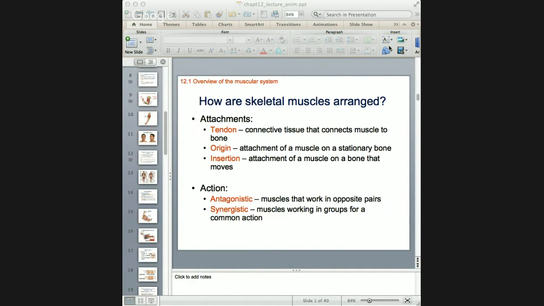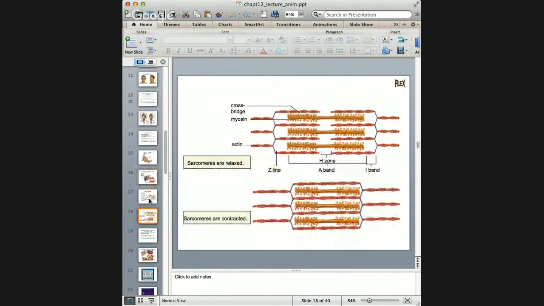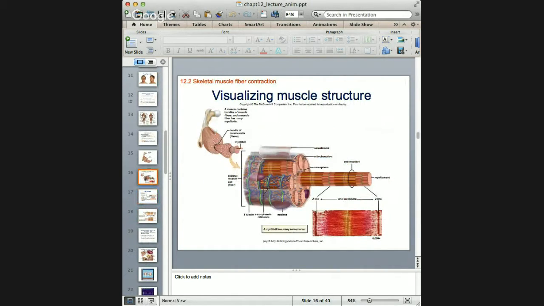Let me find my slide here. Okay. So here's a slide that helps you to visualize the muscle on a molecular level. And I know it gets a little complicated here, but I'm going to play you a little animation which I think helps to understand how muscle is organized.